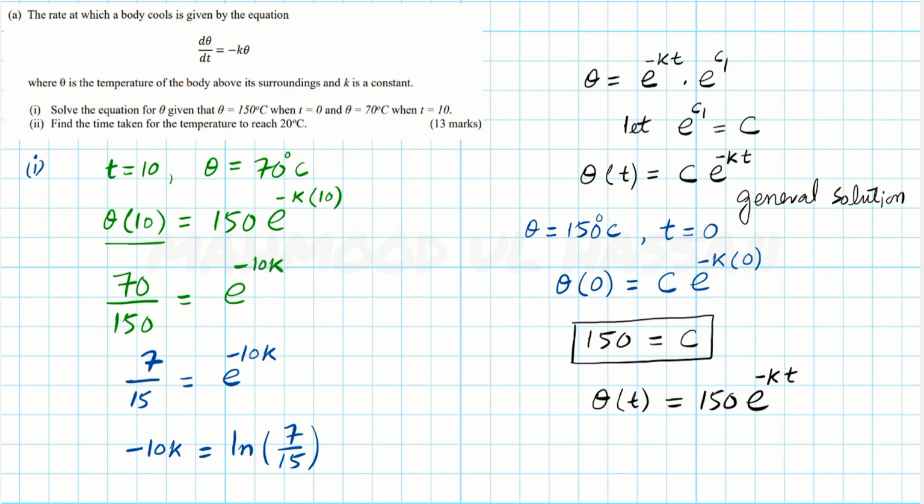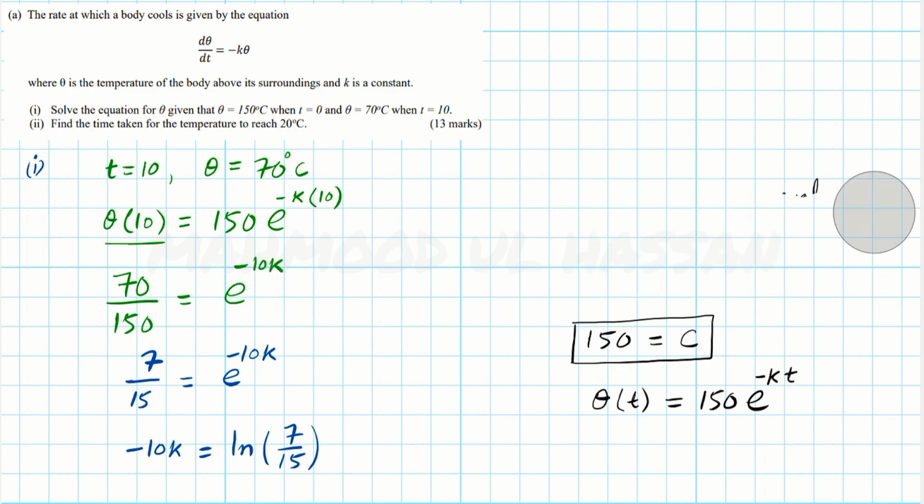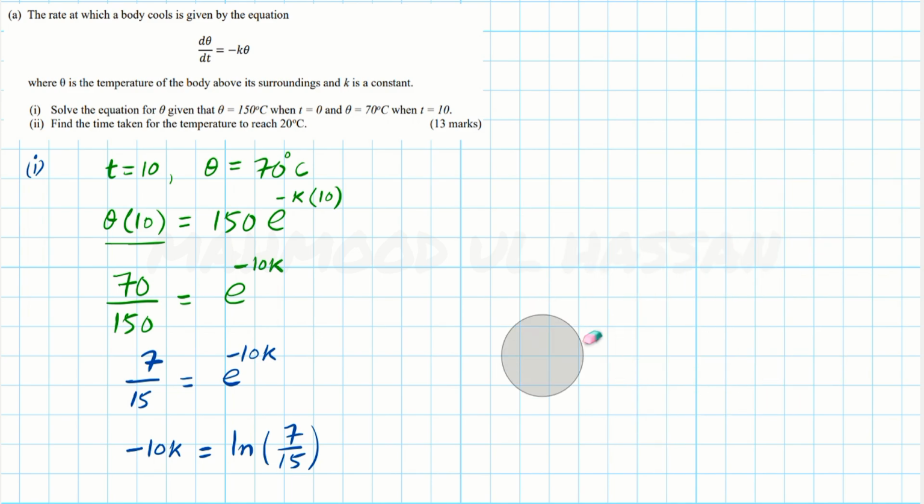Now dividing each side by negative 10, the value of k would become minus 1 divided by 10 times the natural log of 7 divided by 15.